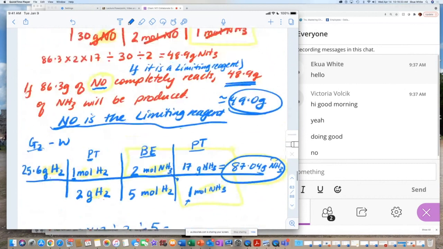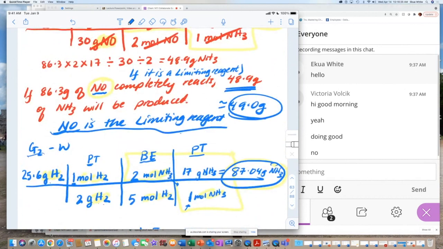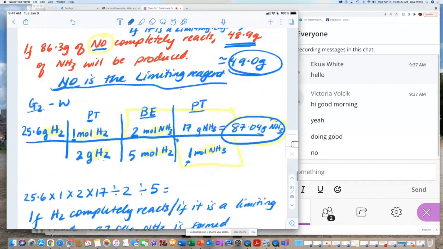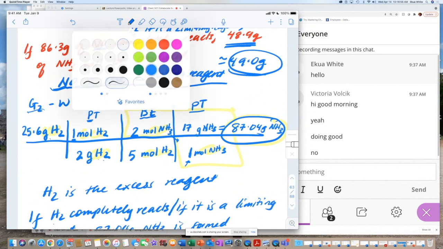That's the limiting reagent. Okay, so while we're here, I want to define extra things or assign extra labels. NO is the limiting reagent. Therefore, H2 is the excess reagent. They didn't ask you all that, but while we're here, H2 is the excess reagent. So just note that by virtue of the answer we got.